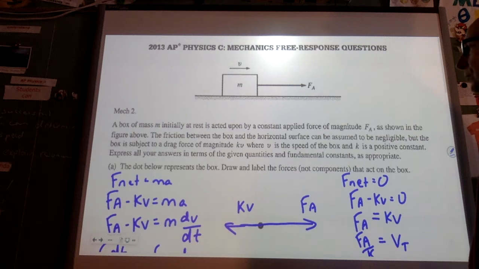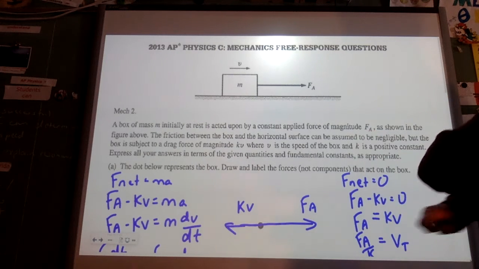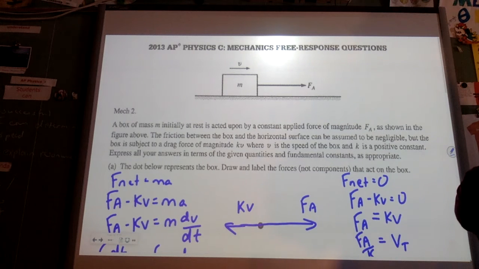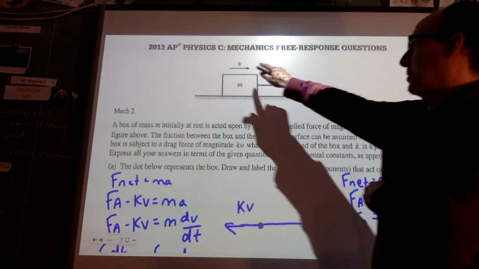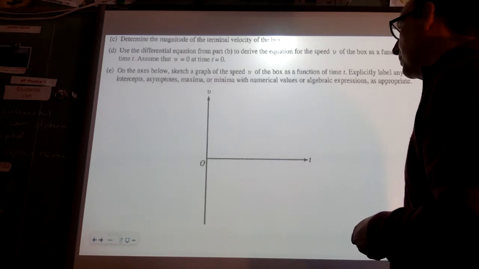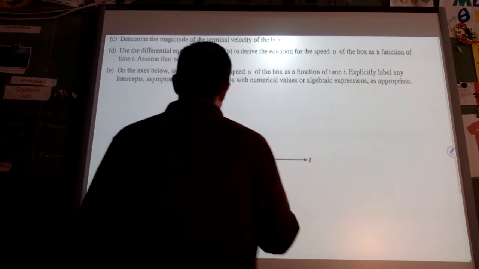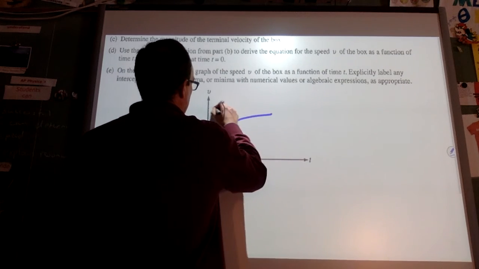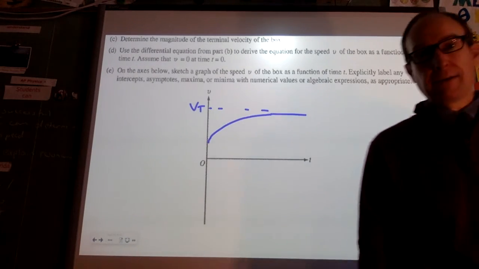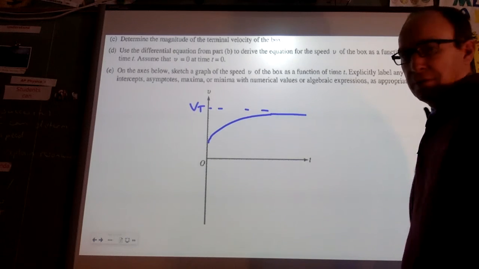So we're starting with a speed, and our acceleration should be decreasing because as it speeds up, the drag force is going to get bigger. And so I should be having a less steep line, and it should be a horizontal line at VT, which would be our terminal velocity.